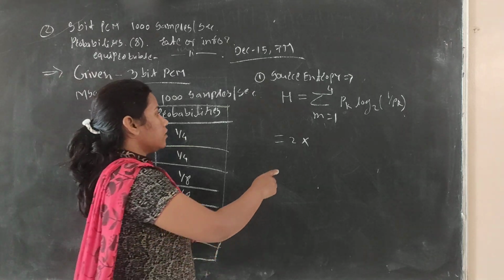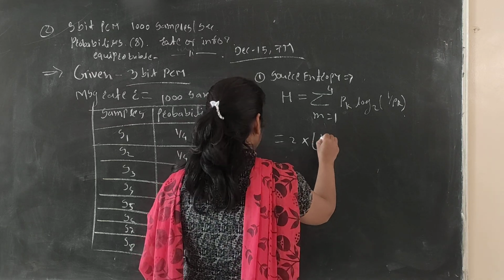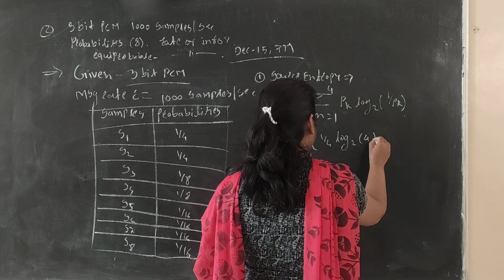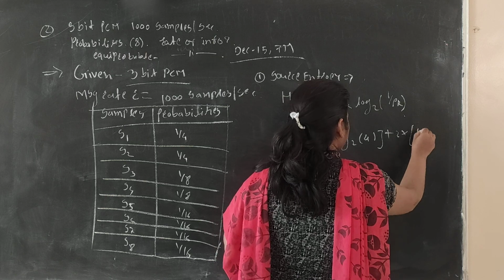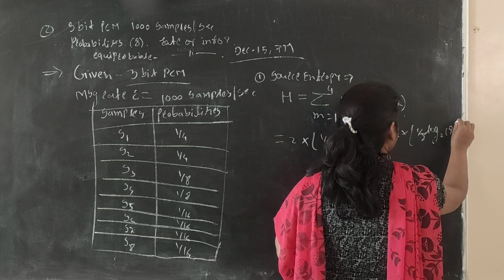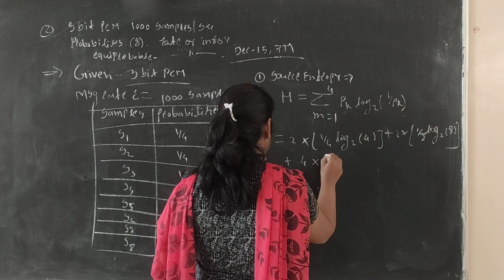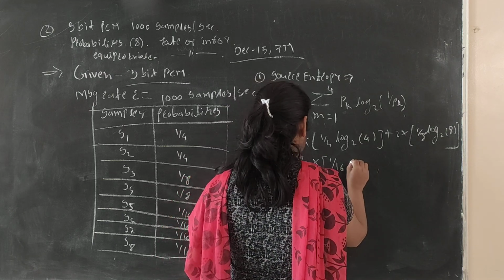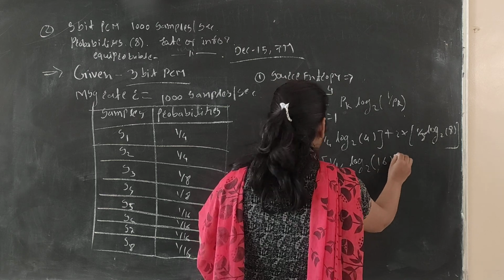So we write 2 into 1 by 4 log to the base 2 of 4, plus 2 into 1 by 8 log to the base 2 of 8, plus 4 into 1 by 16 log to the base 2 of 16.